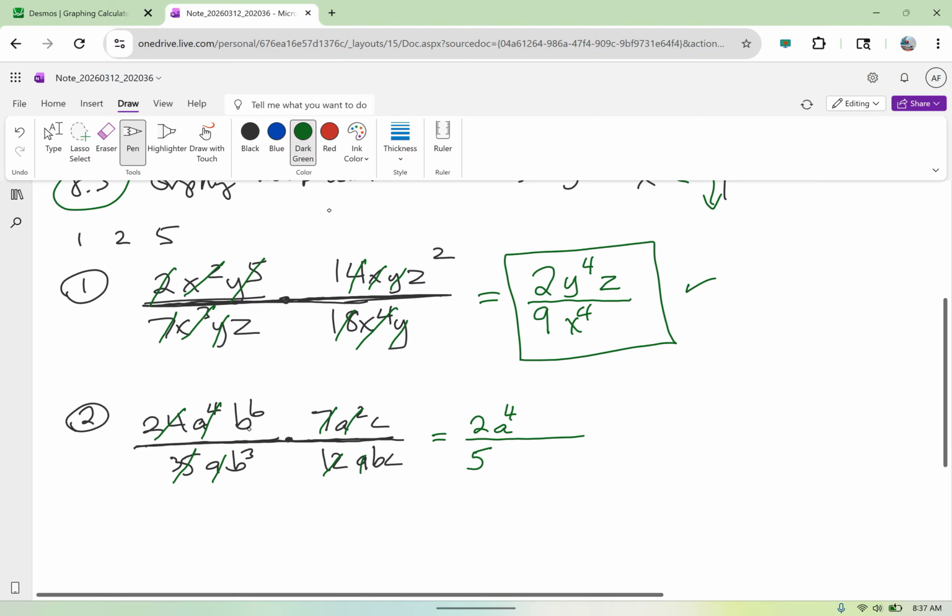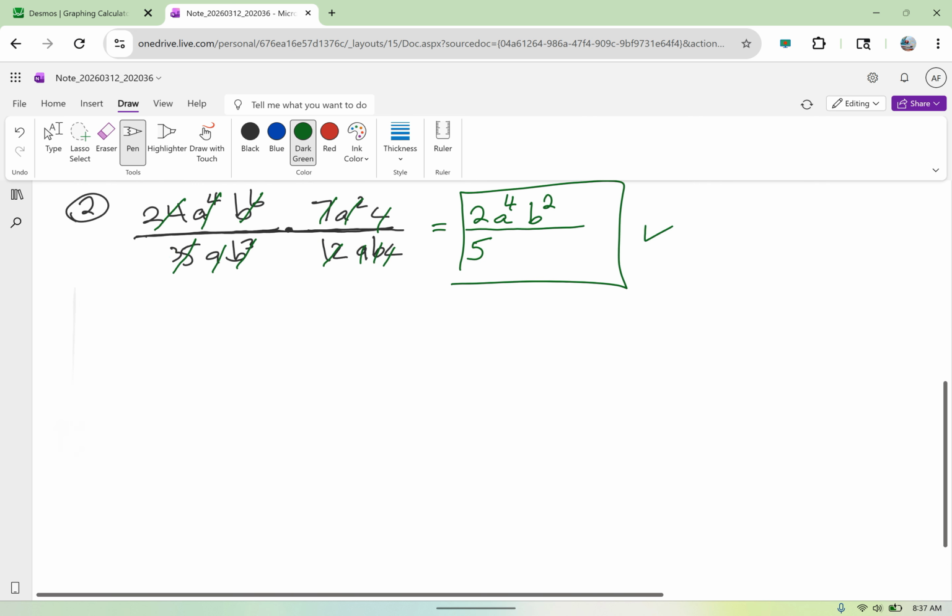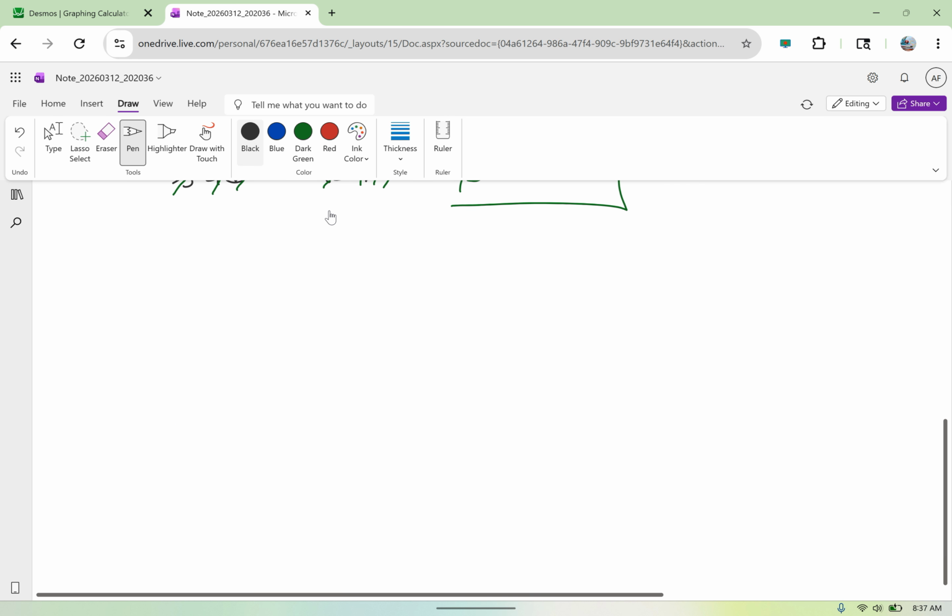I have 6 b's on top and 4 b's on bottom. And my c's cancel out completely. Let's check our answer, 2a^4b^2 over 5. Okay, number 5.